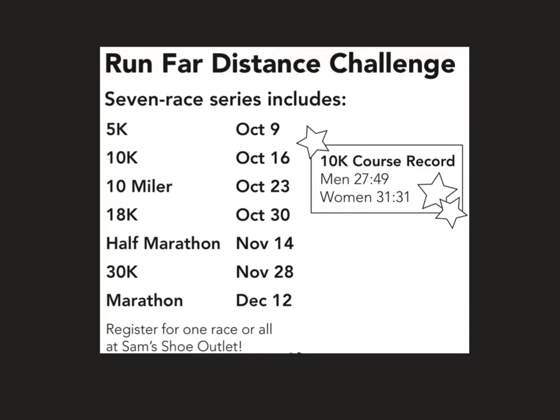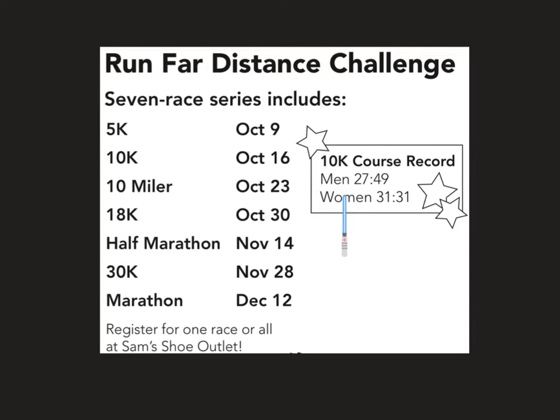Now let's look at some of the work that we're going to do in our math work this week. In this problem, we have a flyer for a race. And different races are happening at this course. There's a 5 kilometer race on October 9th, 10 kilometer race on October 16th, a 10-mile race, an 18-kilometer race, and so on.